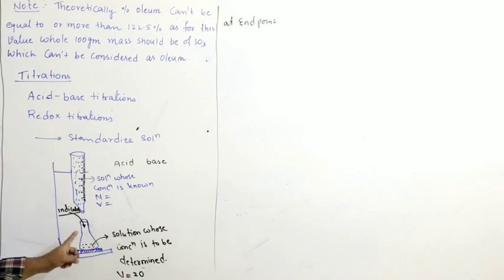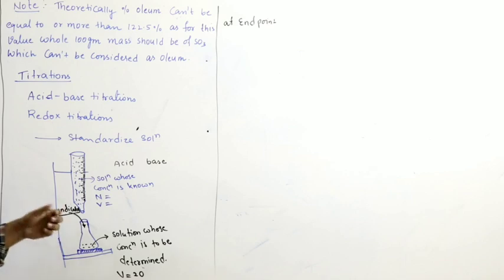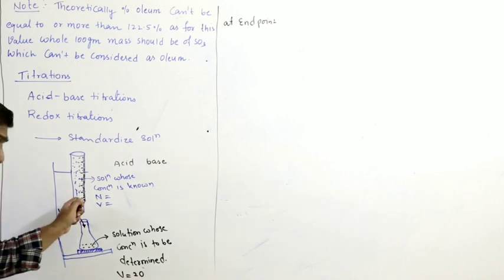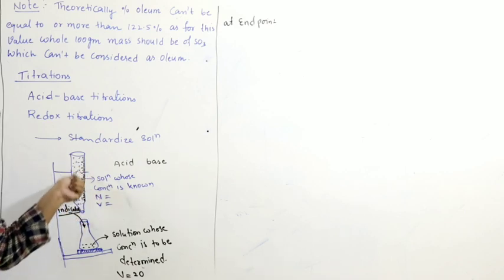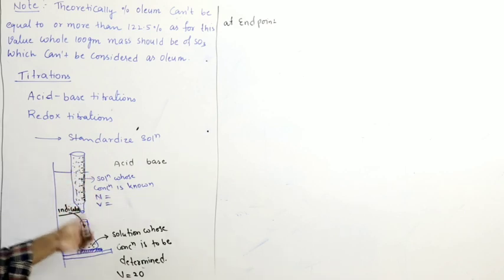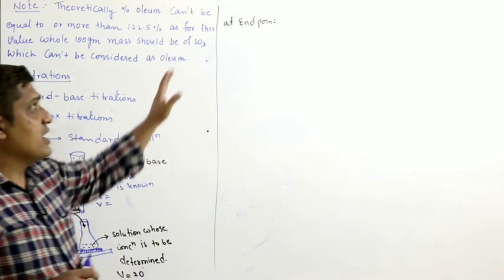After complete reaction, that point we call the end point. The color will change, and that is done by the indicator, which is visible to us. Since the color change is visible, you can stop adding the solution. Thereby the volumetric titration is completed. That point we call the end point.